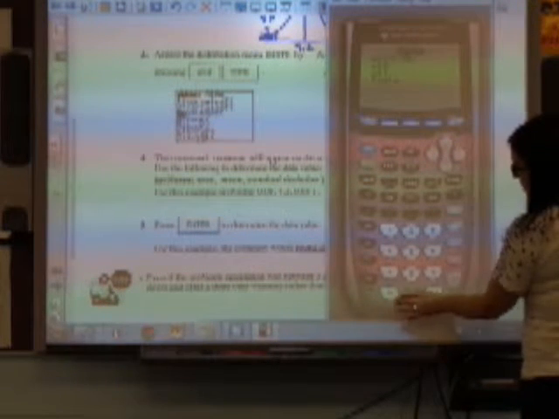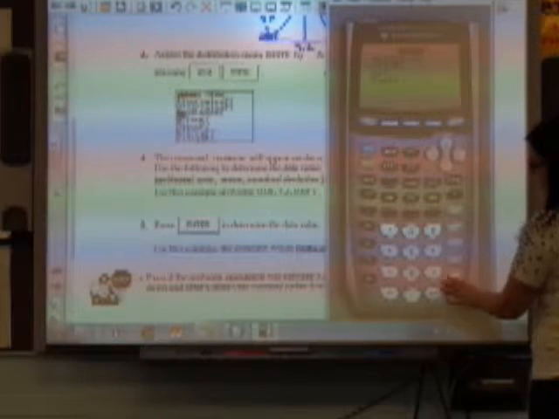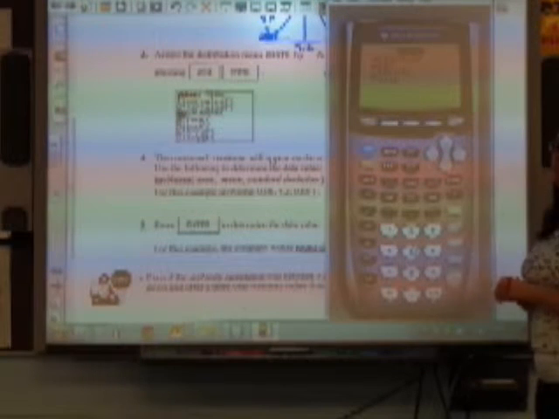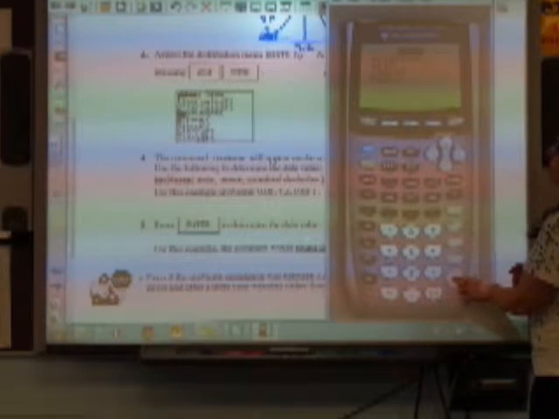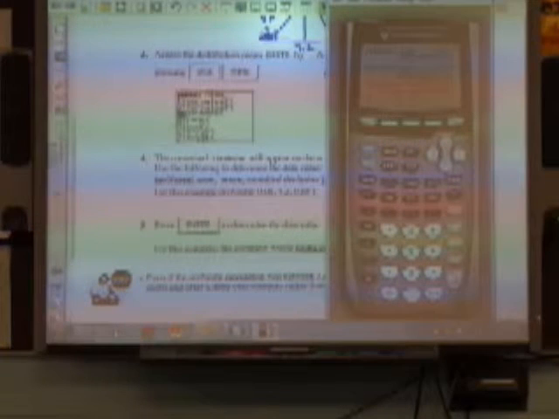Area, 0.08. Mean, 4.2. Standard deviation, 0.65. And then it pastes that into the question.